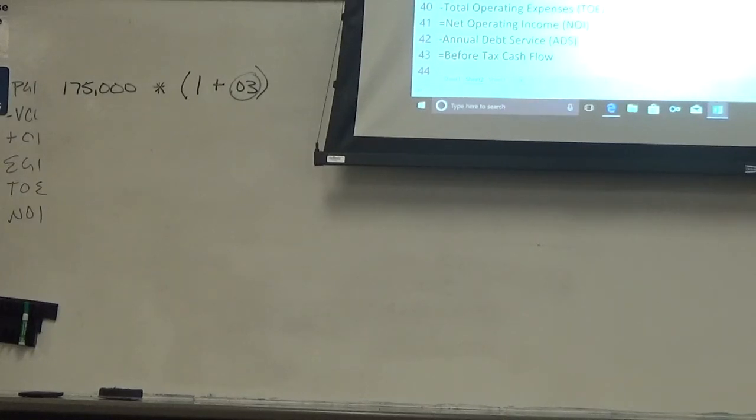And sometimes, once again, there's more than one way to get to that same number. You may have chosen to get at it a little bit differently. That's okay, as long as you get the same answer. Moving down the page, the 25,000, obviously that's a hard-coded number. Moving on down.